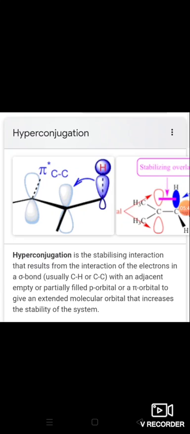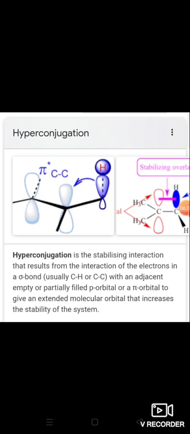You have to understand that hyperconjugation is a delocalization of electrons. Delocalization of electron occurs through overlap between the p orbital occupied by the odd electron and the adjacent sigma orbital of the alkyl group.